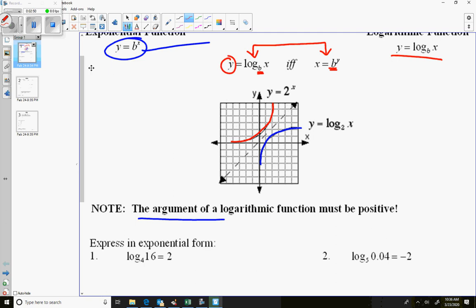What the logarithm equals, that is the exponent. And the last thing, the argument of your logarithm, is what your exponential equals. The way I remember it is simply the base equals the base, and what your log equals is the exponent.